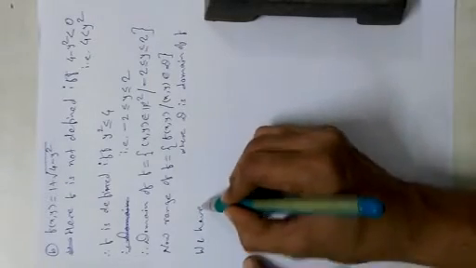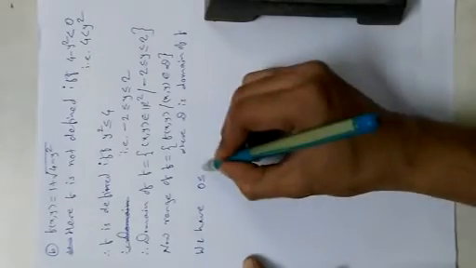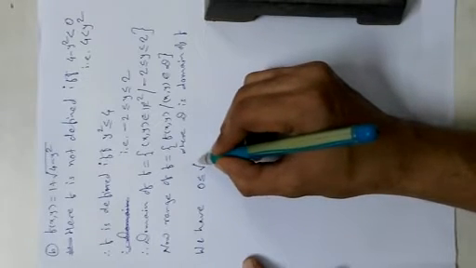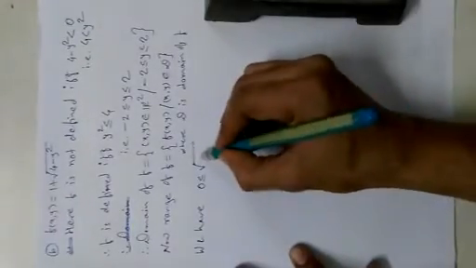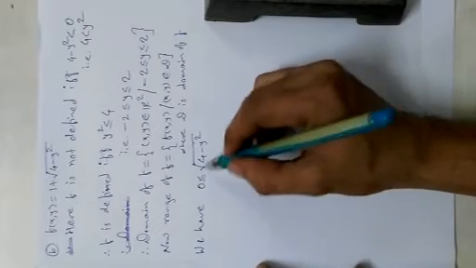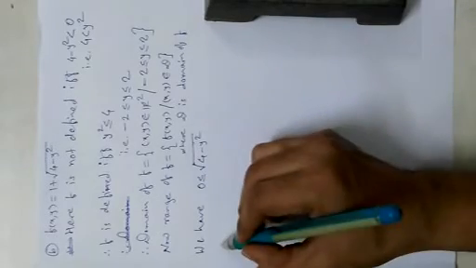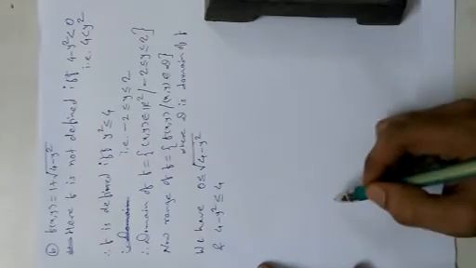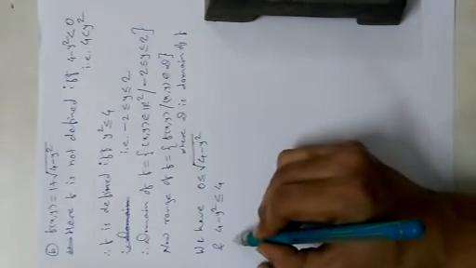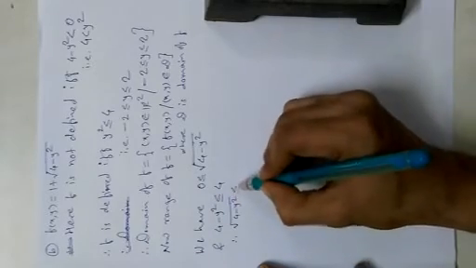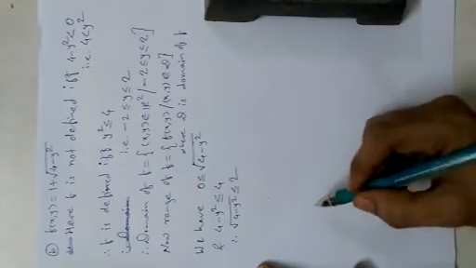We have 0 less or equal under root 4 minus y square, since positive square root, and 4 minus y square is less or equal 4. Therefore under root 4 minus y square is less or equal 2.